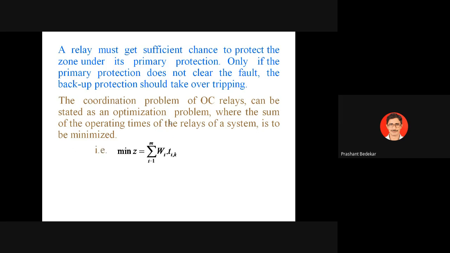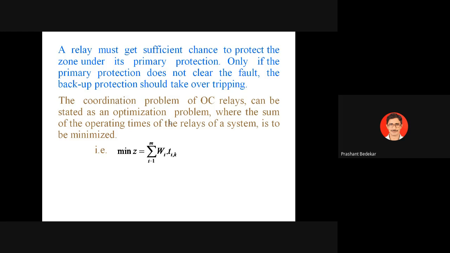So the objective function can be stated as minimize Z. What is to be minimized? The sum of Wi, Tik. Wi is actually the weight given, which depends upon the length of distribution feeders. And most of the times we consider that the distribution system is small system.